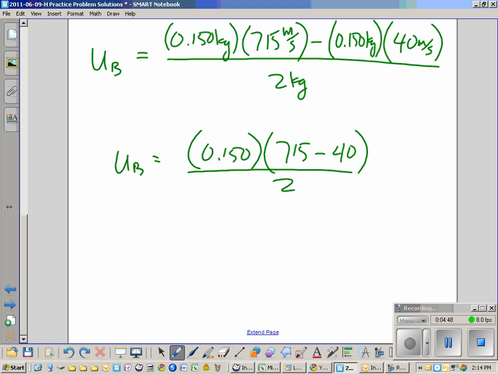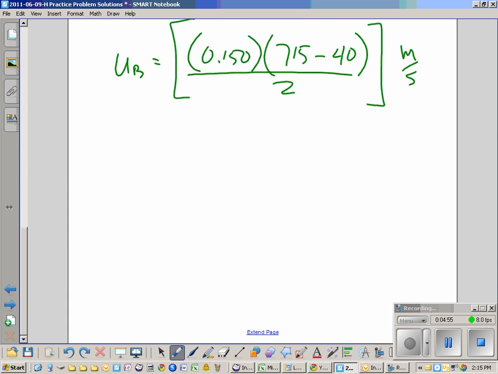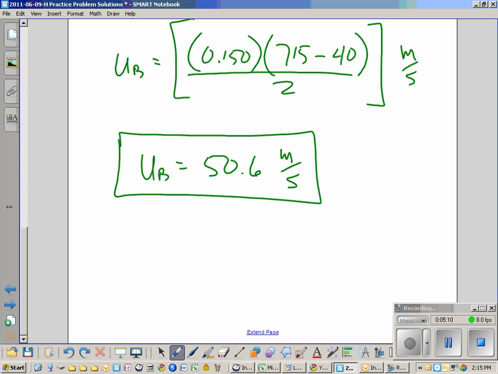Dimensionally, we know we'll get meters per second. Going to the calculator, we get 50.625 meters per second. That's the final velocity of the block.